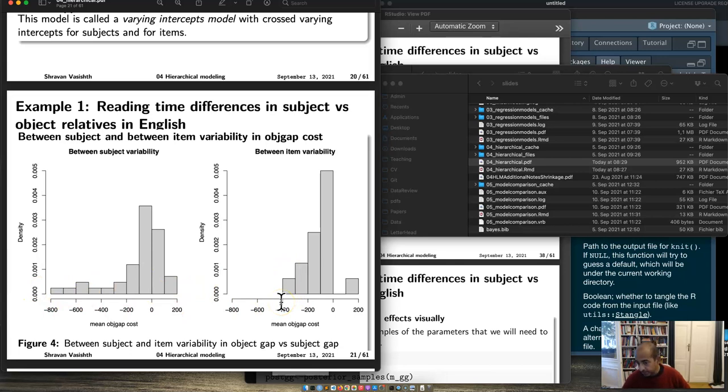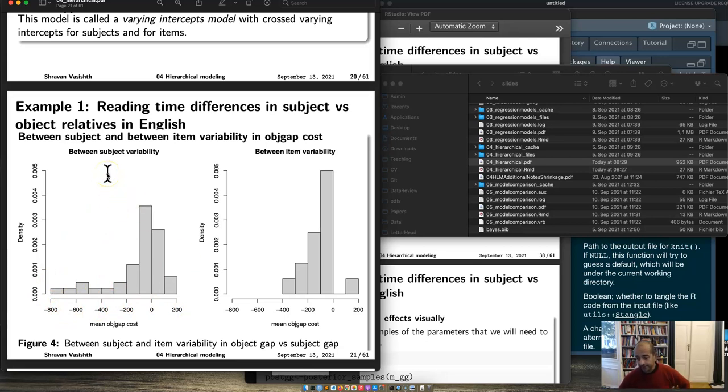This is as it should be, because Grodner and Gibson designed the experiment very carefully, right? So they had items that were minimal pairs, or as much as is possible given the confounded design. And so between the items, there's not that much variability in average reading time, but between subjects, there's a lot more.